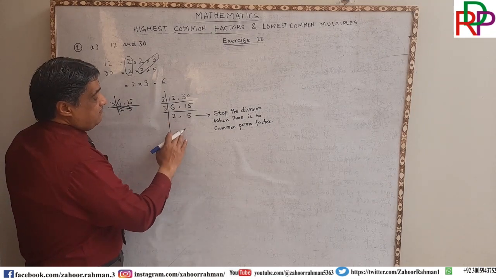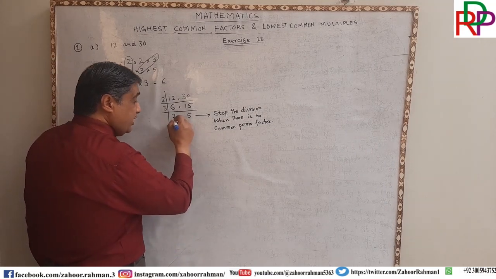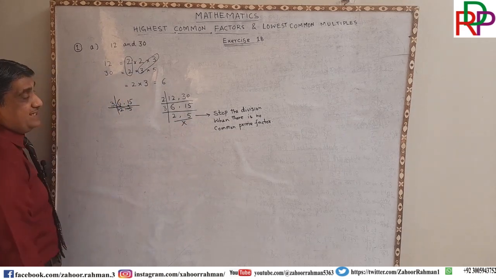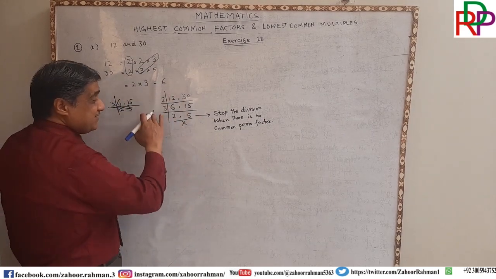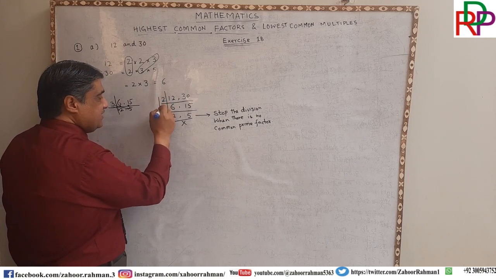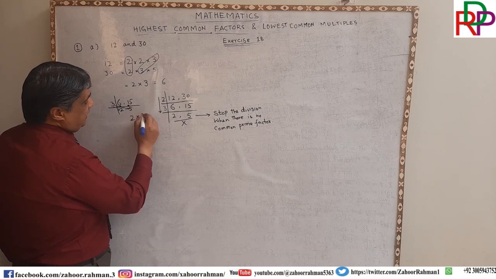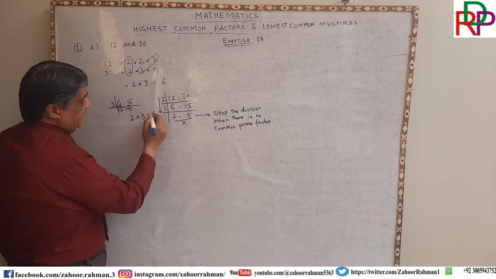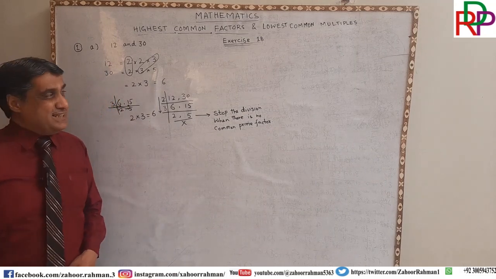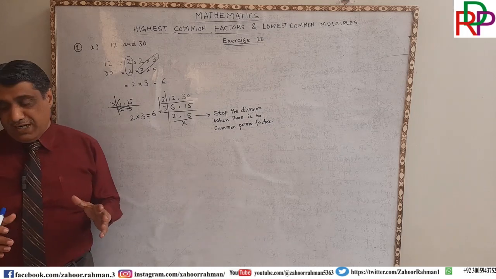There is no common factor inside this, so you do not have to include it in the result. This is called the division method. Again, only the common factor 3 is taken, and that is the answer 6. So in both the methods you can do whatever you want.